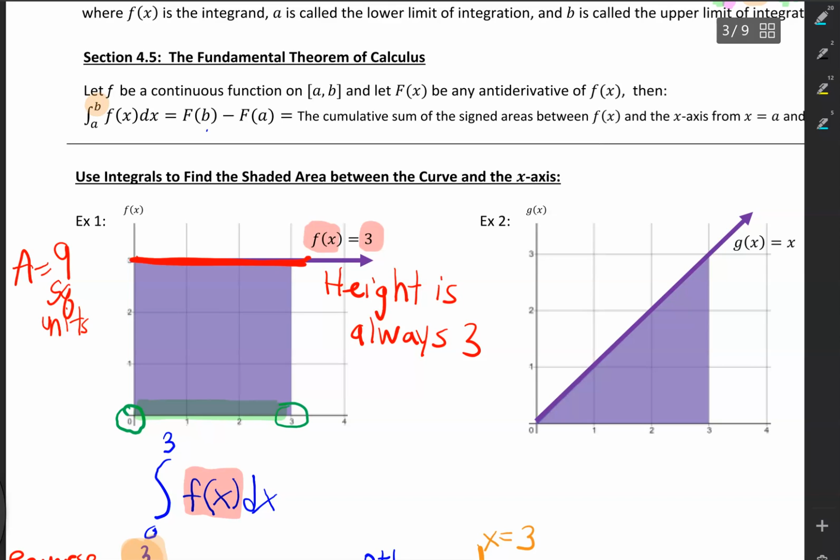So see how there's a B and an A? Those are called your limits of integration. So I'm going to label those real quick. This is called your upper limit. Now these are different than limits that we did back on test 1. This is the upper limit of integration. And the other one's called your lower limit.